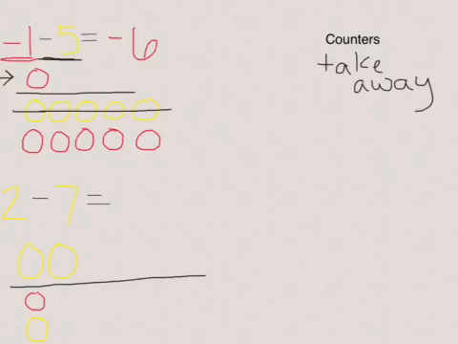But now it looks as if we have 3 positives and 1 negative. And so now we can continue adding 0 pairs so that we can take away 7 positives.